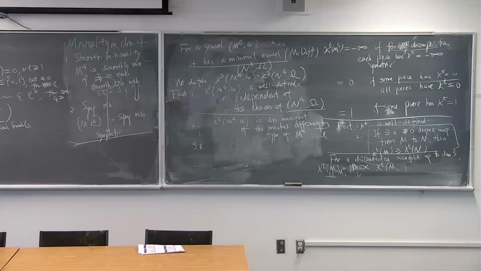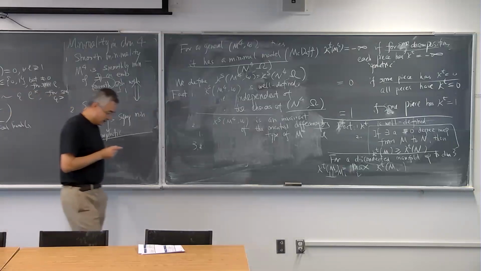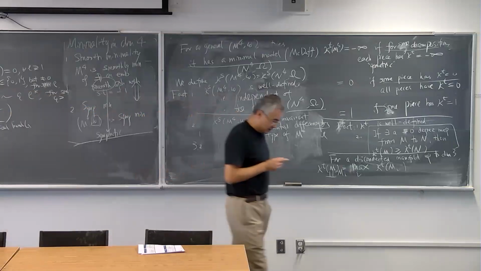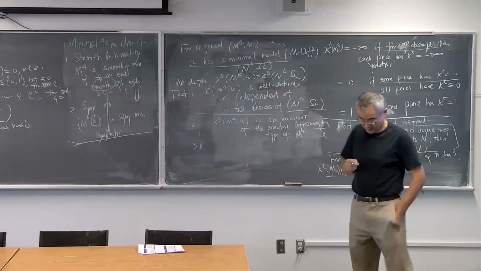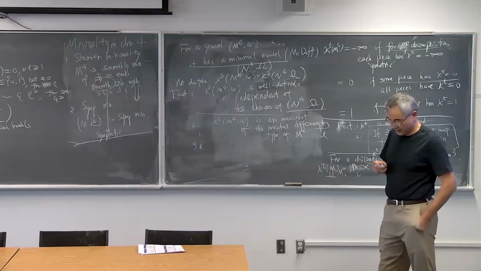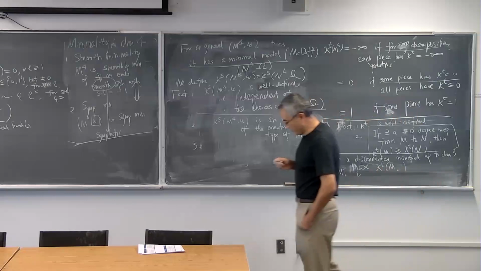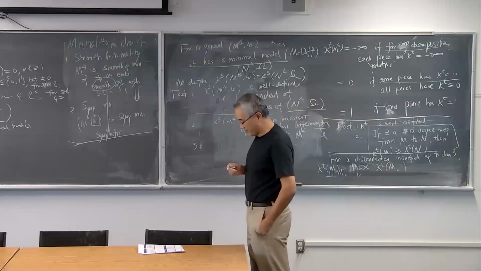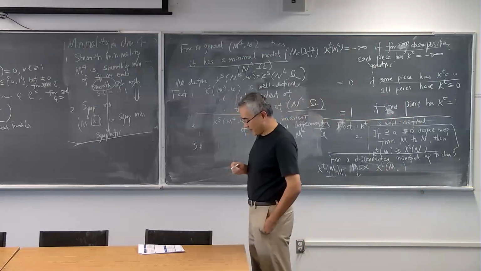What I mean is you have a four manifold with two different omegas giving opposite orientations. I don't know if such an example exists. You reverse the orientation, it's still symplectic.